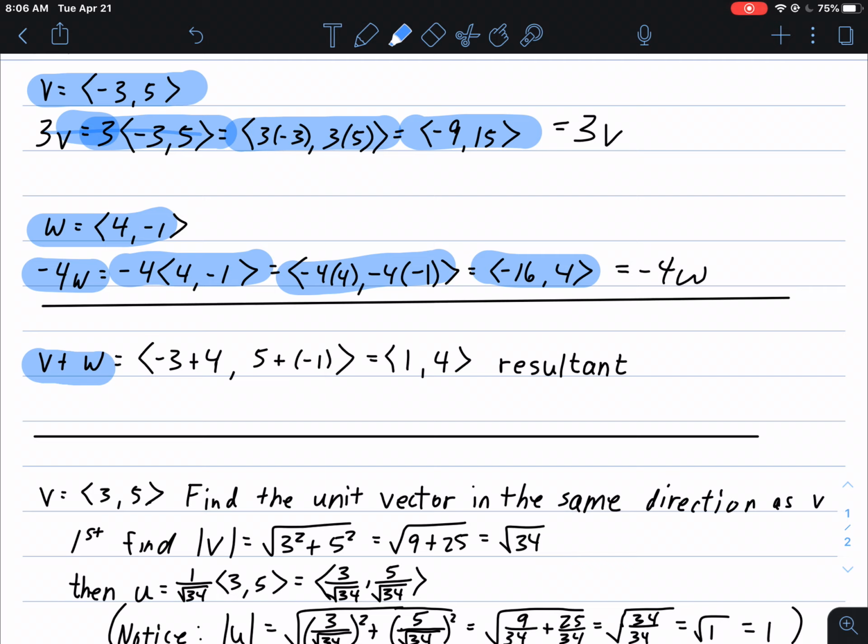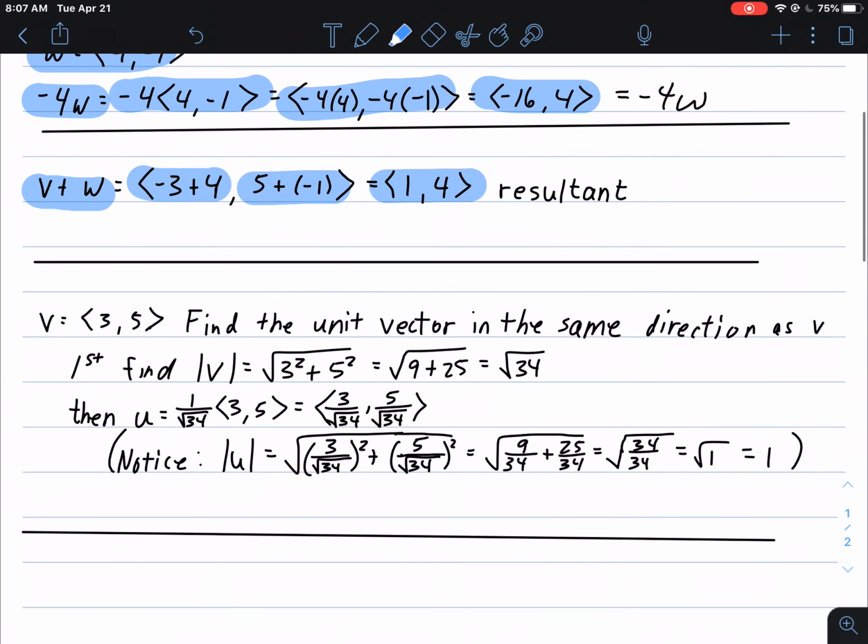So vector v again had horizontal component -3, vector w had horizontal component 4, vector v has a vertical component of 5, vector w has a vertical component of -1. And so -3 plus 4 gives me 1, 5 plus -1 gives me 4. Here is our vector having components 1, 4, which is the resultant vector. It is the sum of vectors v and w.